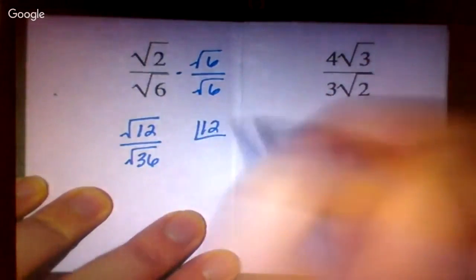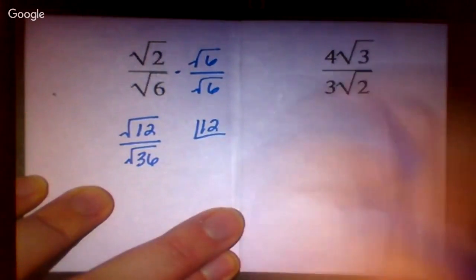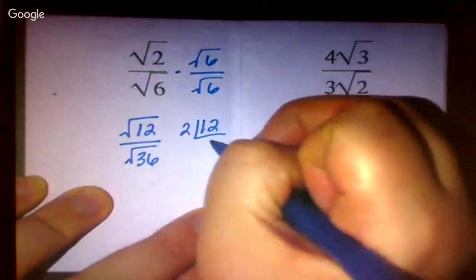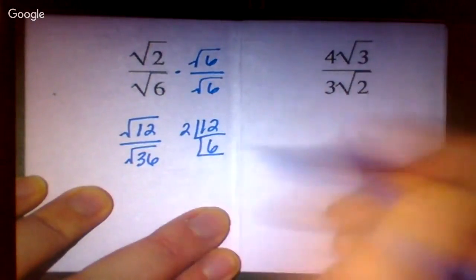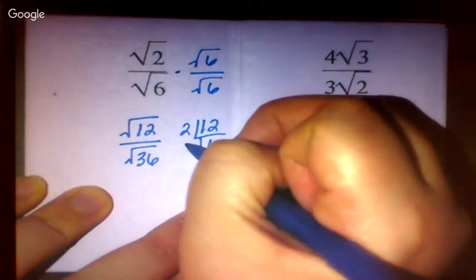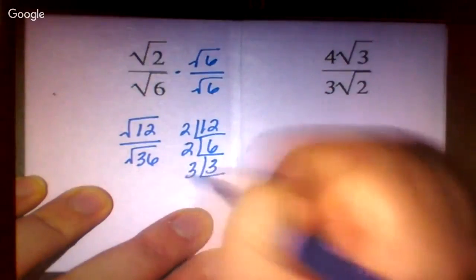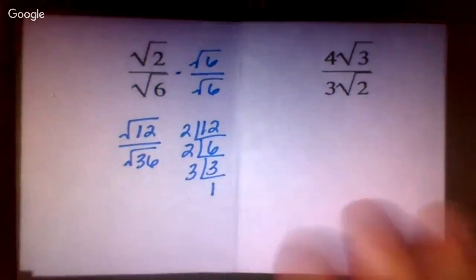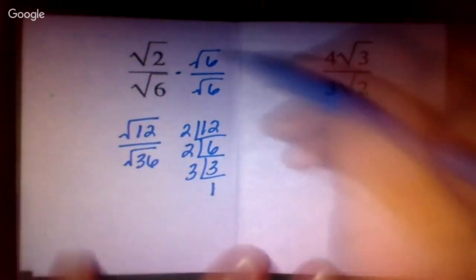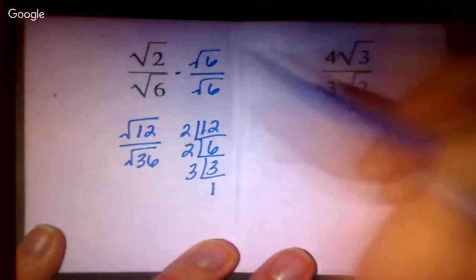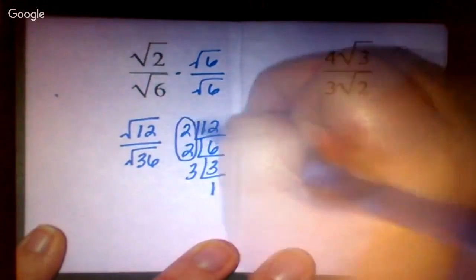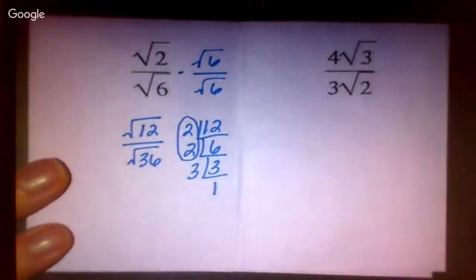Okay, let's break down 12. 12 is divisible by 2, and we're left with 6. 6 is divisible by 2, 3, and 3, and 1. Okay, what am I circling in? 2's. See, this is what I did Friday.